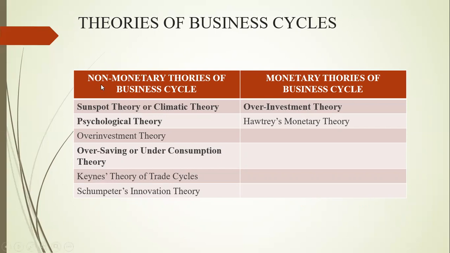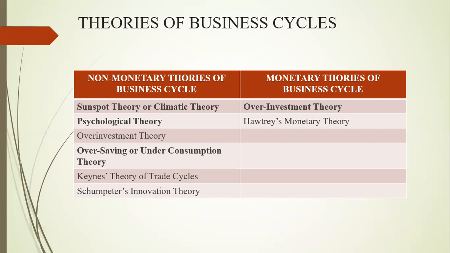The traditional ones we call non-monetary theories, and the modern ones we call monetary theories of business cycles. Under these, the sunspot theory or climate theory says that changes in business cycles happen because of climate change or some superstitious values, like if there is a spot on the sun, then the economy will go into recession.